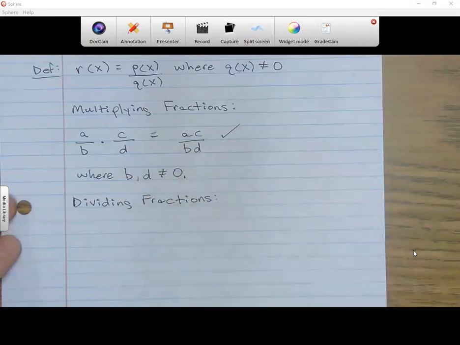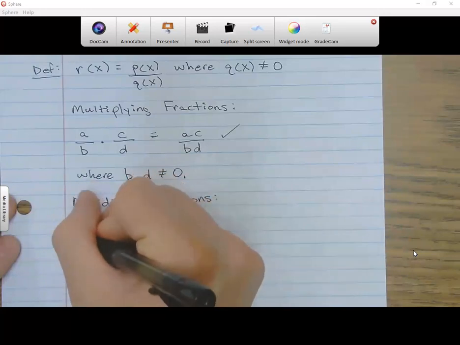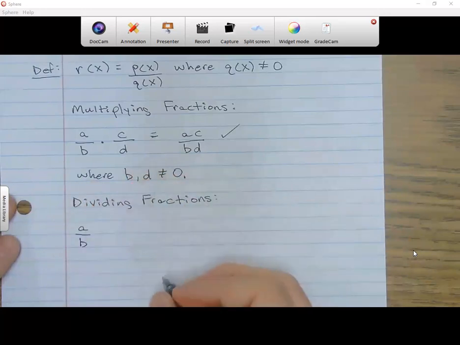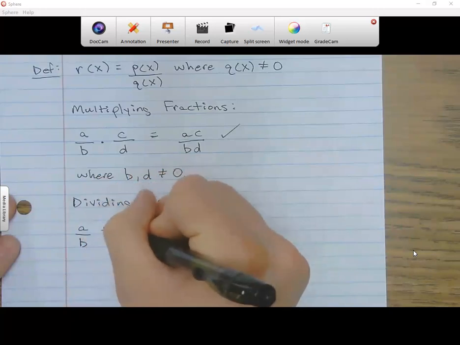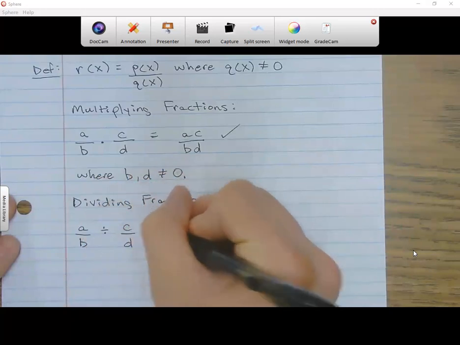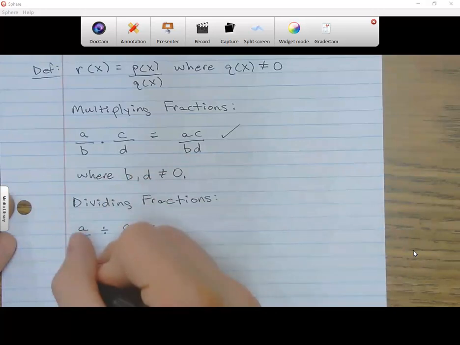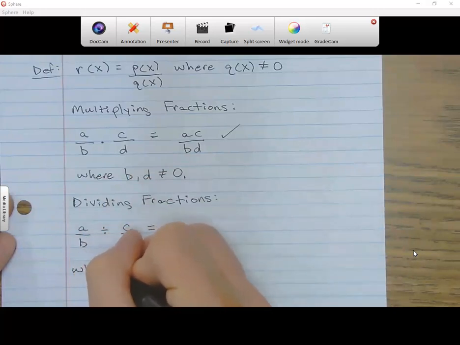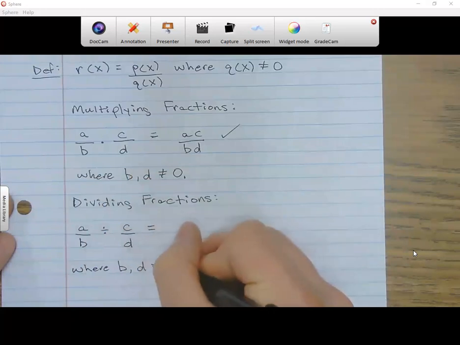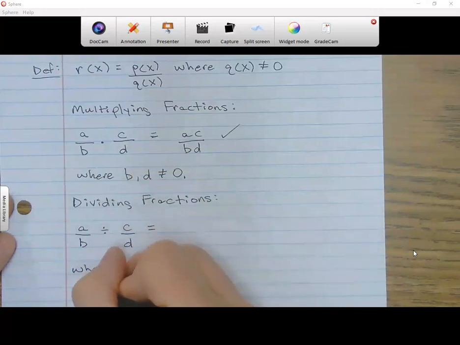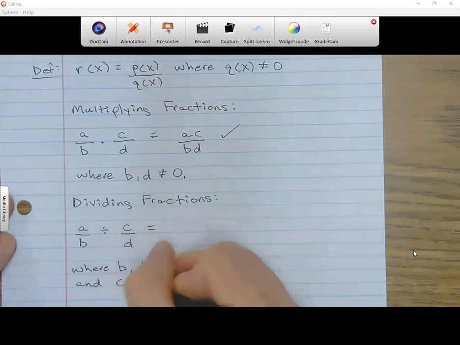Okay, let's say you have a over b, and you're going to divide that by c over d. What would happen? Well, first, I'm going to say where b and d cannot be equal to 0, and c cannot be equal to 0.